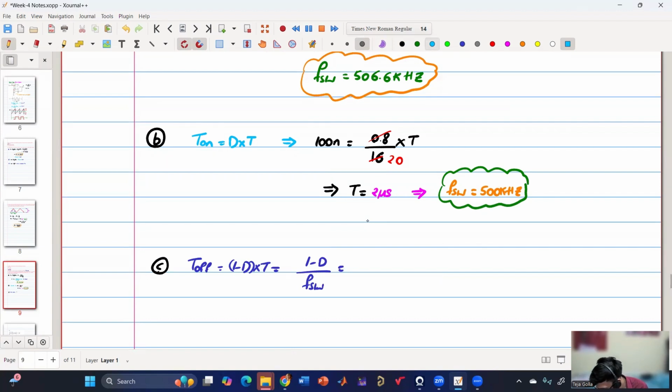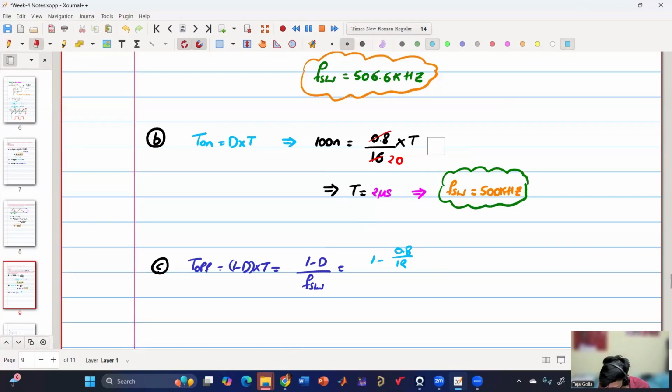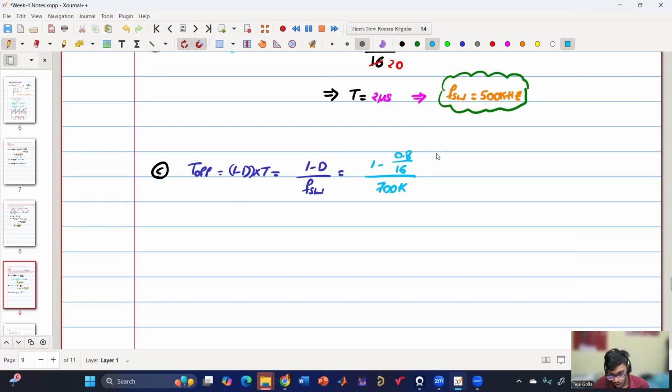So now what is D? 0.8 by, how much? 12 or 16? 15? 16. So 0.8 by 16 by 700 kilohertz. Now calculate the off-time in microseconds.